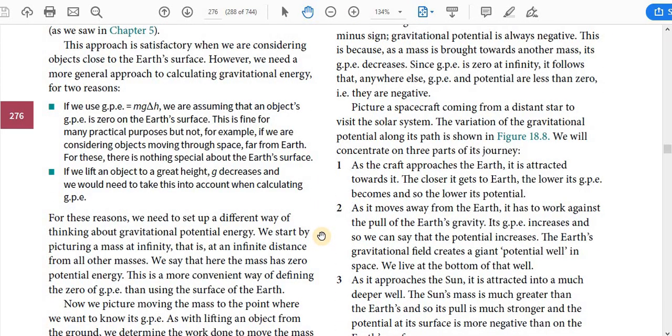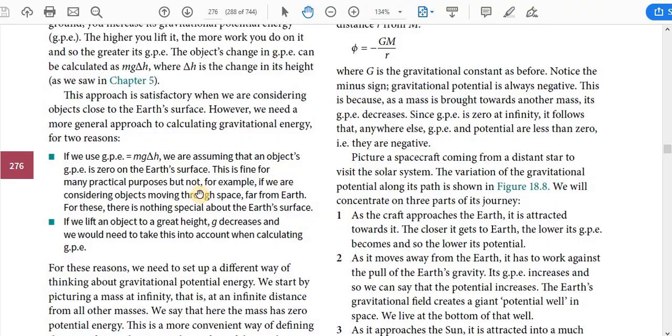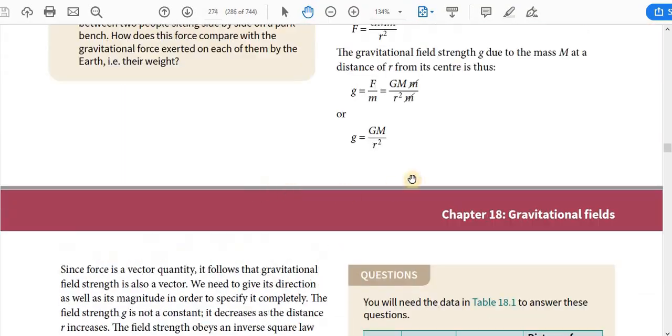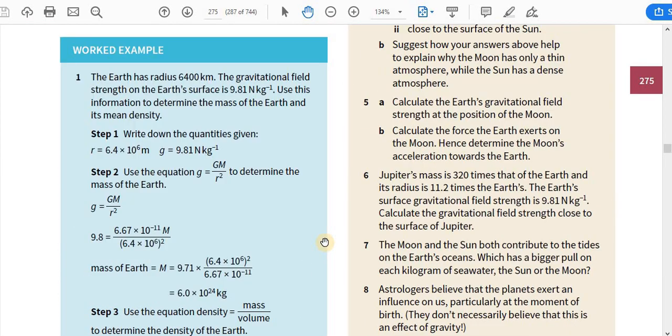So g changes when an object is moving through space far from earth. And when the object is much further away from the surface of the earth, or whatever body we are considering, when r goes to infinity, g goes to 0. So when r is a very large number, g will be a very small number. It will be infinitesimally small when r is infinitely large.